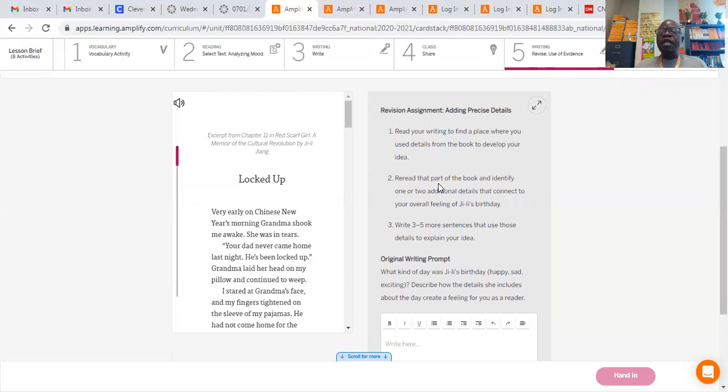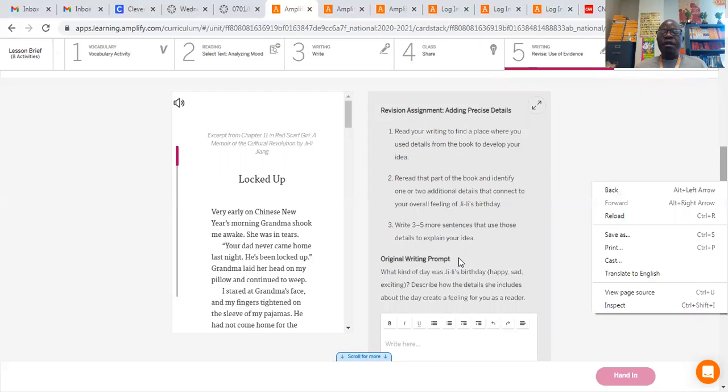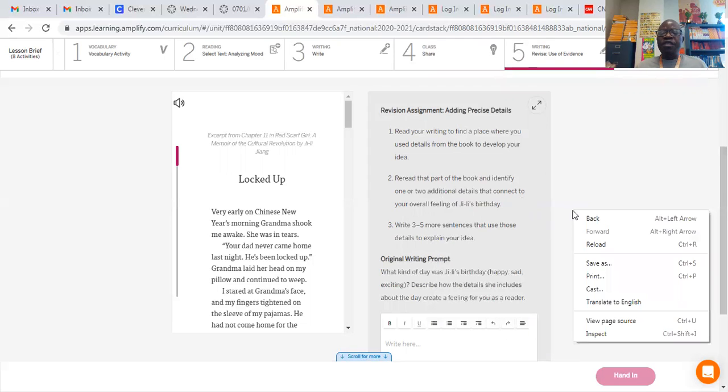Reread that part of the book and identify one or two additional details that connect to your overall feeling of Jilly's birthday. And then write between 3 and 5 sentences, or more sentences, that use these details to explain your idea.